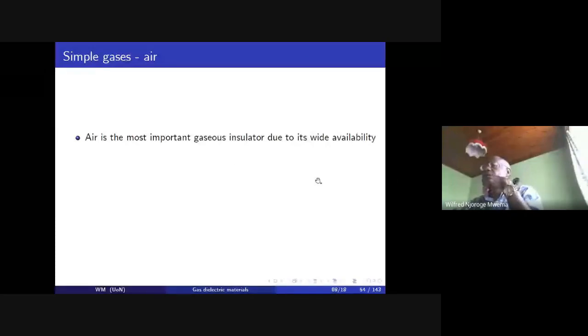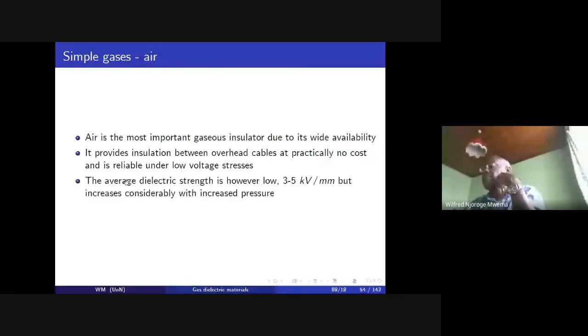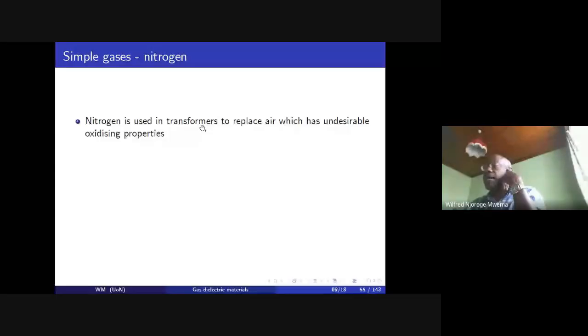Air is the most important gaseous insulator because it is widely available and it provides insulation between overhead cables at practically no cost. It will be reliable as well under low voltage stresses. The average dielectric strength is about 3 to 5 kilovolts per millimeter, but will increase with pressure. Nitrogen is used in transformers to replace air because of the content of oxygen in air.